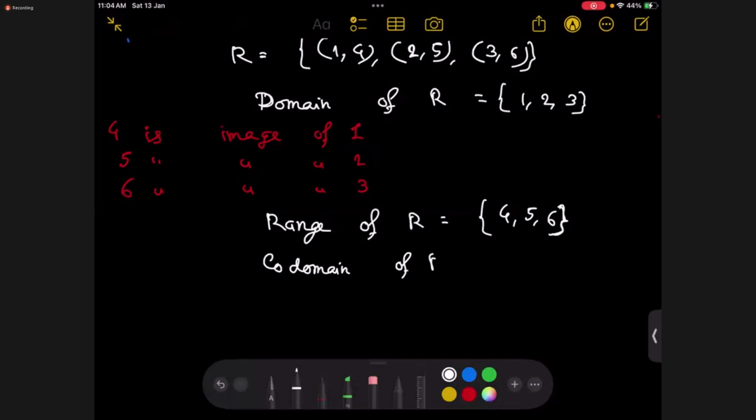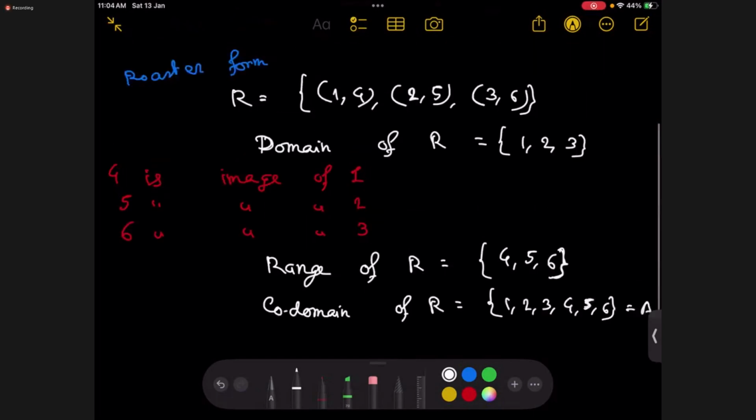The codomain of R is the set 1, 2, 3, 4, 5, 6. This is the codomain of the relation R, that is the whole set A.